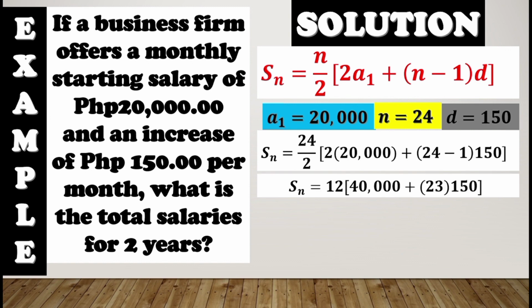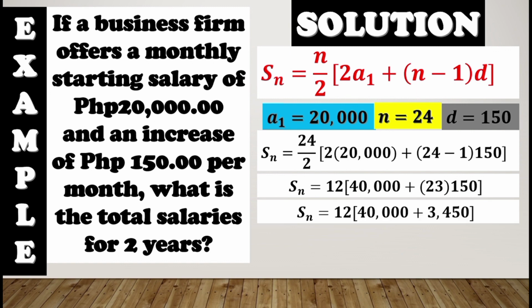Let us simplify. S sub n is equal to 12 times 40,000. It is the result of 2 times 20,000 plus 23. 23 is the difference of 24 and 1. Copy 150. Simplify again. S sub n is equal to 12 times 40,000 plus 3,450, which is a product of 23 and 150.